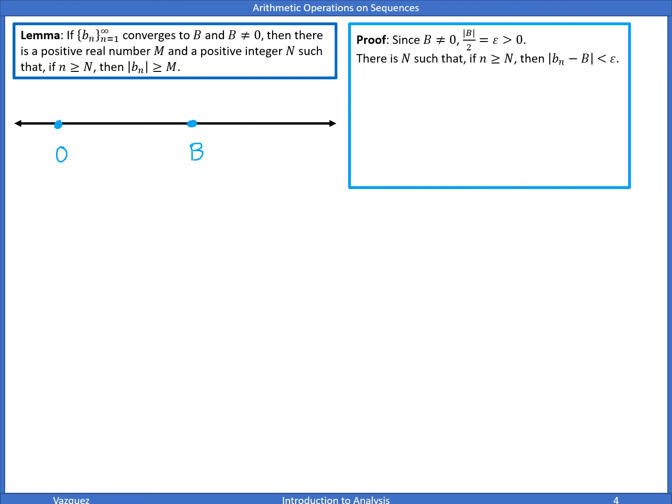So we're going to set epsilon equal to b over 2. So since b_n converges to b, there's an N such that if n is greater than N, the distance between the sequence b_n minus b is less than epsilon, right? That's just convergence.